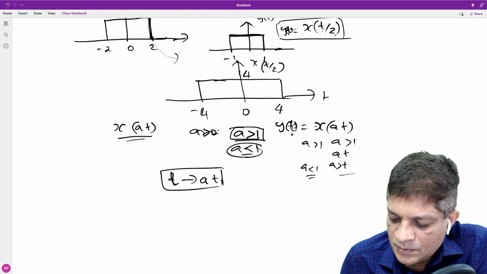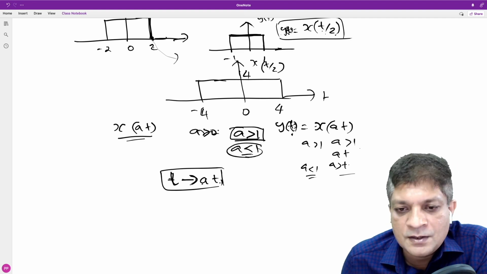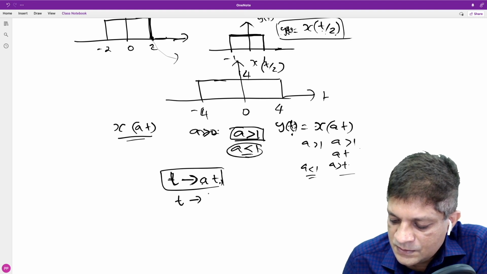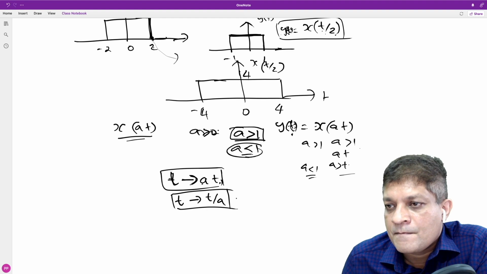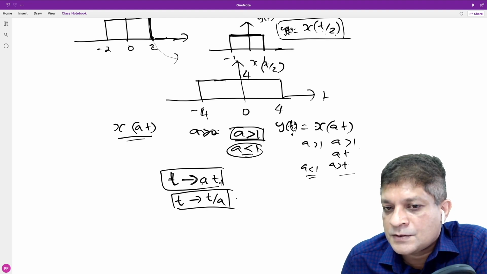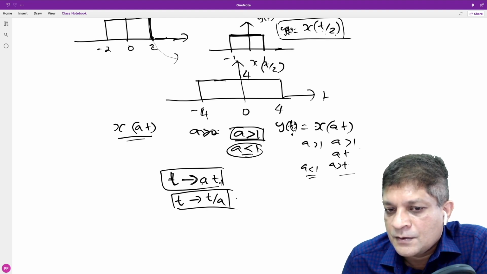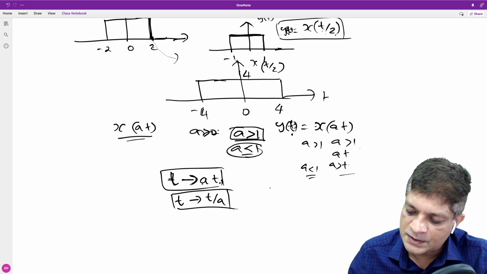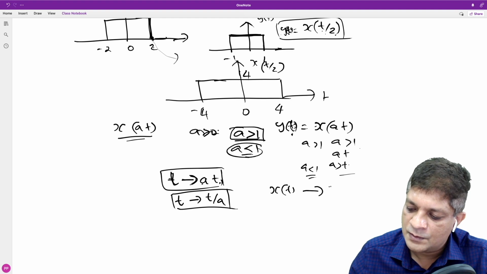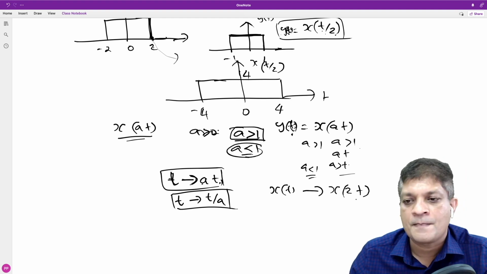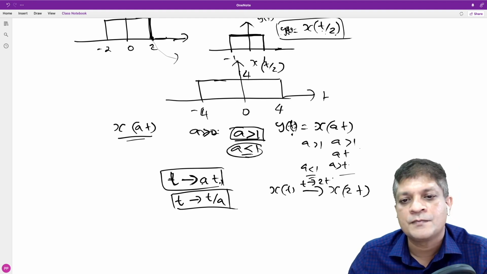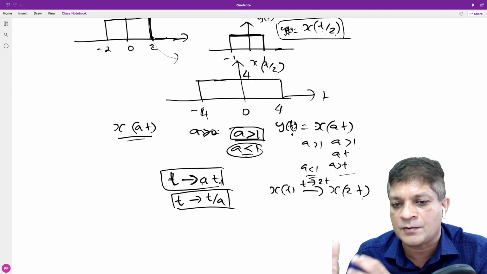So if this is the operation t to at, that is the compression operation, what is the inverse of this? Is it this? That is the inverse operation. For example, here in this case, if you go from x(t) to x(2t), that is you are replacing t with 2t, that is compression by a factor of 2.